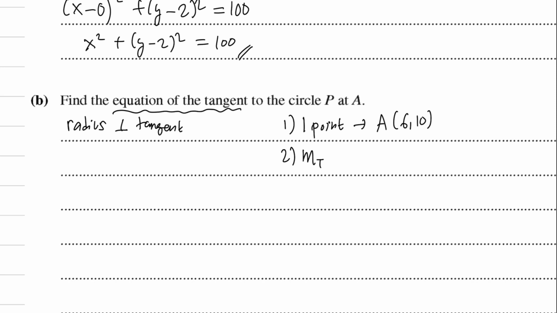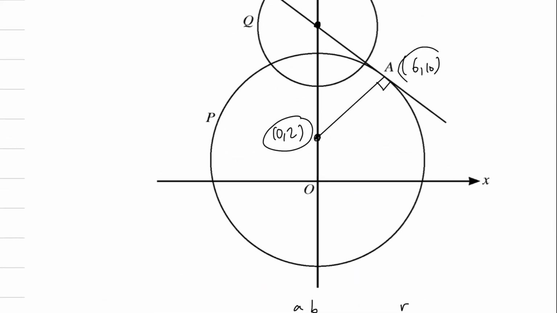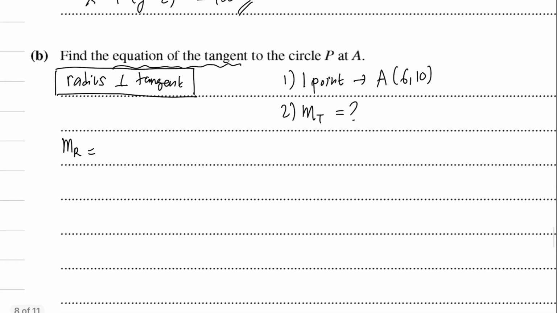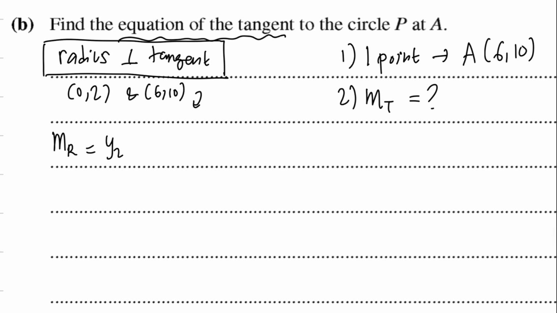We call it mT. But what is mT? We need to find mT from this information. So we can find the gradient of the radius. So we have (0, 2) and (6, 10). So find the gradient of the radius: (y2 - y1) over (x2 - x1).